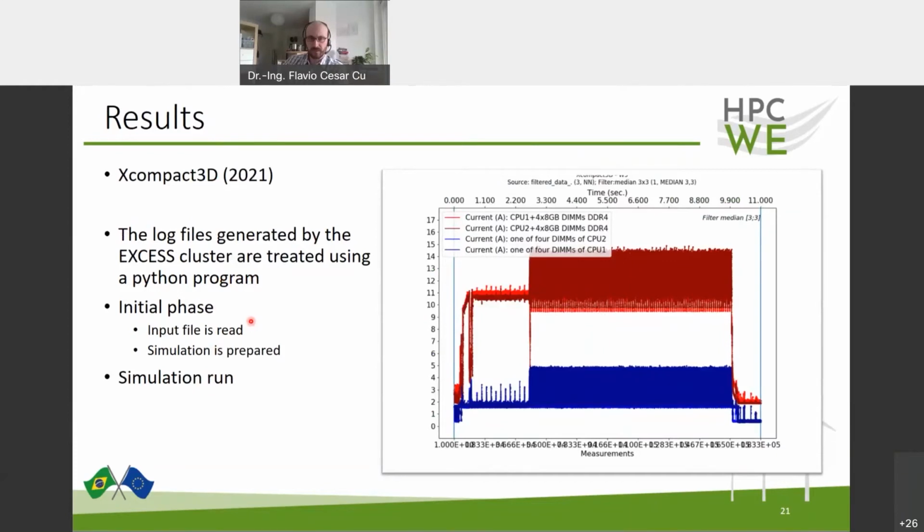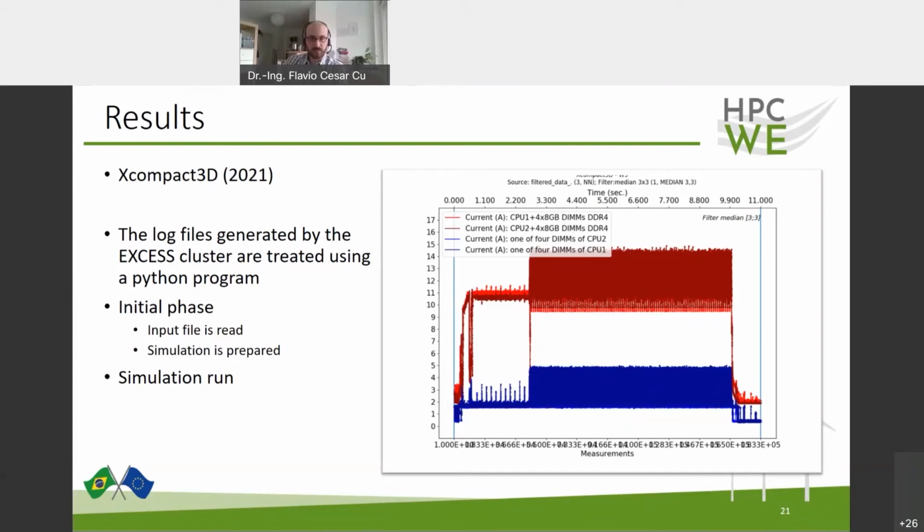And what we see here is the plot of these results. We see in blue the energy used, the current used by the memory banks, and in red we see the current and also the energy used by both CPUs of the server.